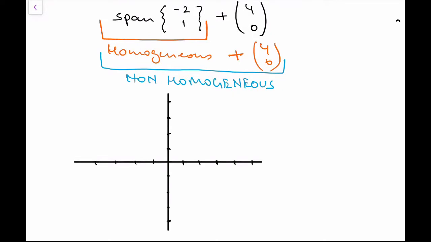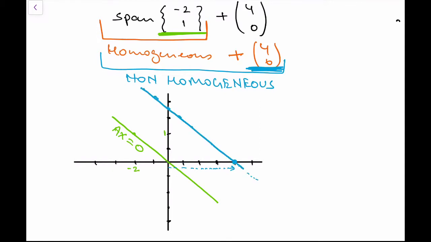Now on the xy plane, the span of (minus 2, 1) is represented by this green line, that is Ax is equal to 0 for the homogeneous system. Now for (4, 0), let's move 4 units to the right, and then this blue line represents Ax is equal to b, or span (minus 2, 1) plus (4, 0) for the non-homogeneous system.